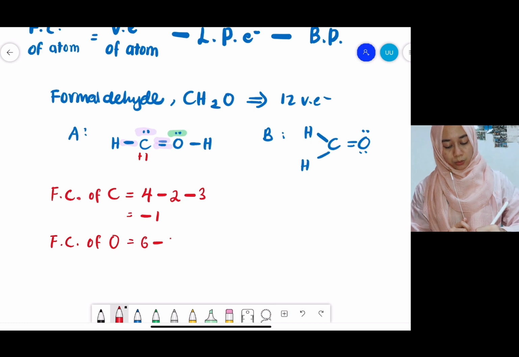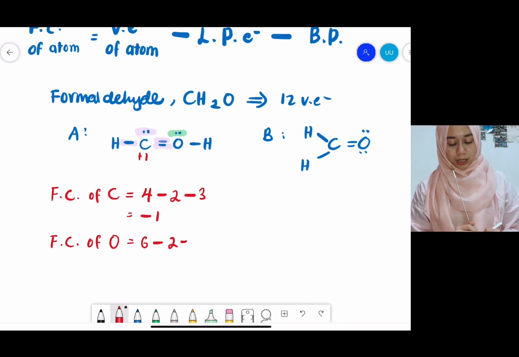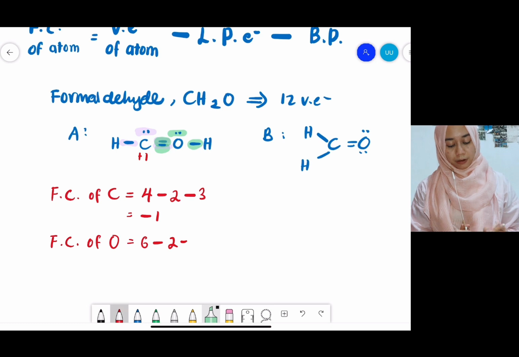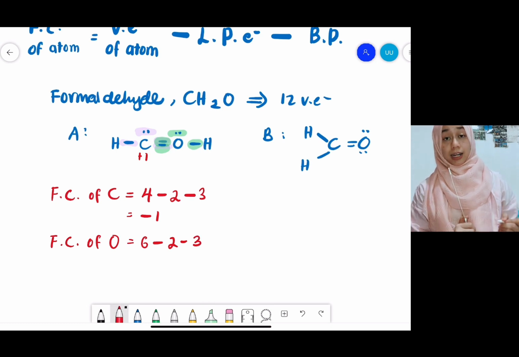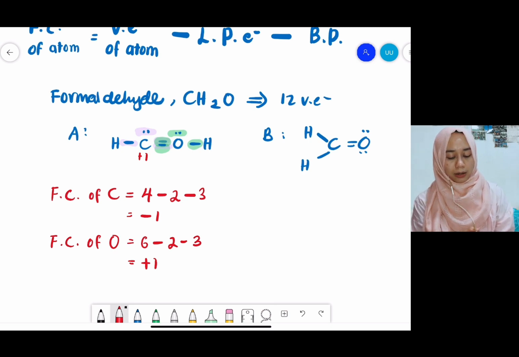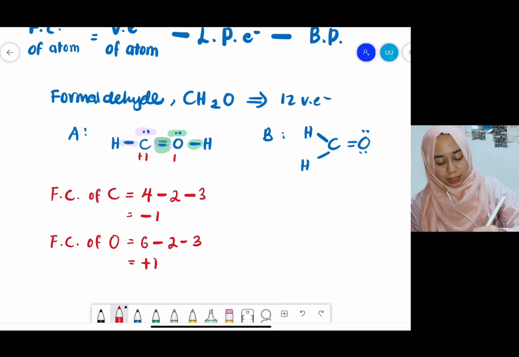So kena letak 2 -2, and then kita kena kira pula ada berapa banyak bonding pair keliling dia. So bonding pair keliling dia ada 1, 2, 3. So ada 3 juga, therefore kena tolak dengan 3. Okay, so now kamu akan dapat +1. So kita punya oksigen kat sini adalah +1. Oh, Miss tersalah tuliskan, ini sepatutnya -1 untuk carbon kita ni.